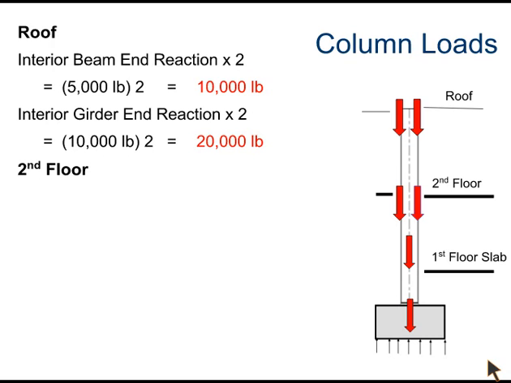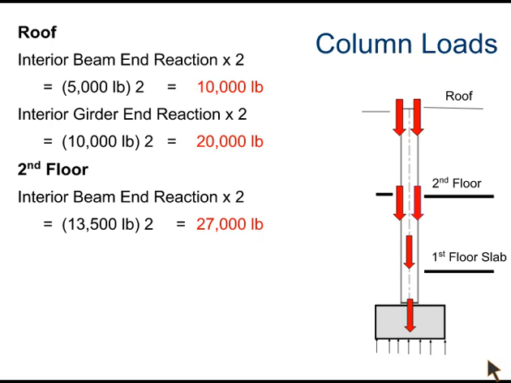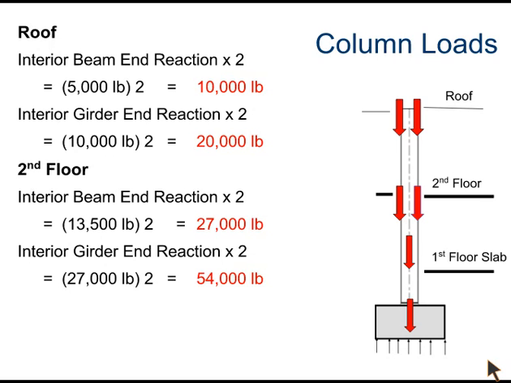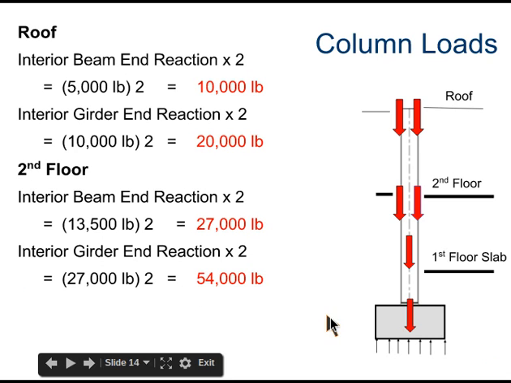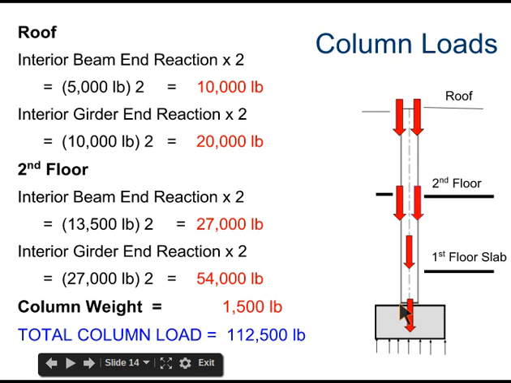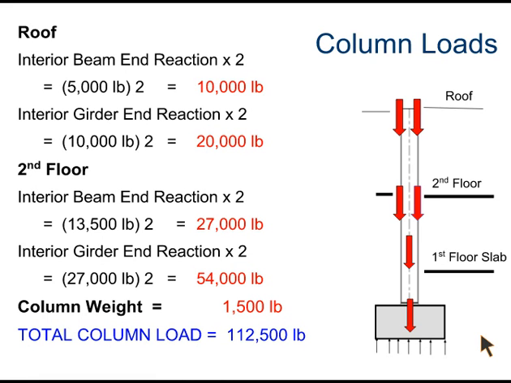Now also the second floor, we had an interior beam end reaction, 2 of those, 13.5 gives us 27,000 pounds, and then 2 floor girders, not the beams, the girders, for a total of 54,000 pounds. In addition to that, the column itself weighs 1,500 pounds. So all of that adds up to a whopping 112,500 pounds.